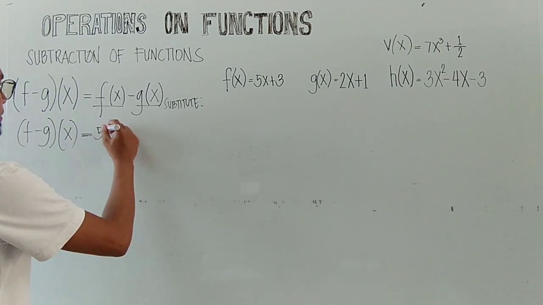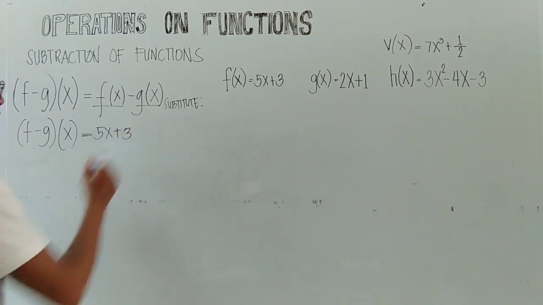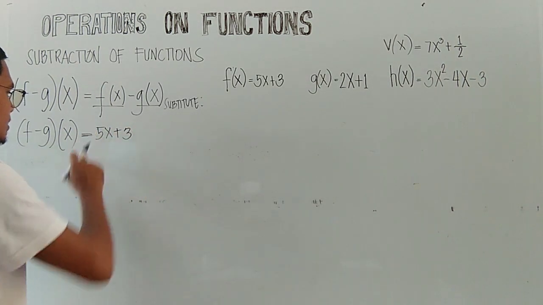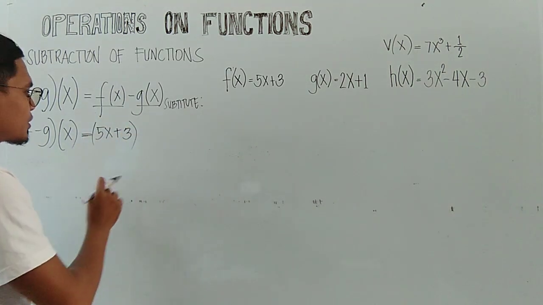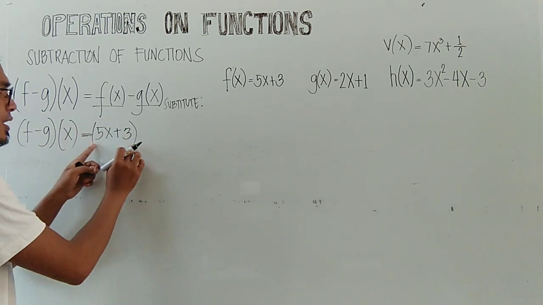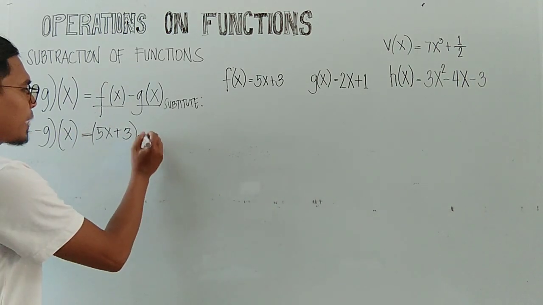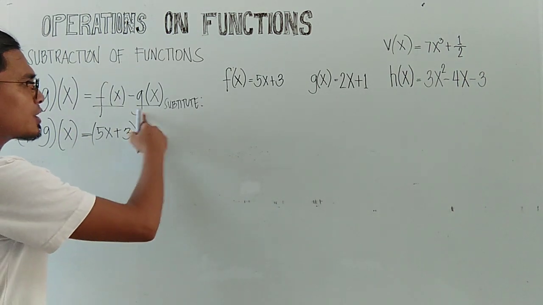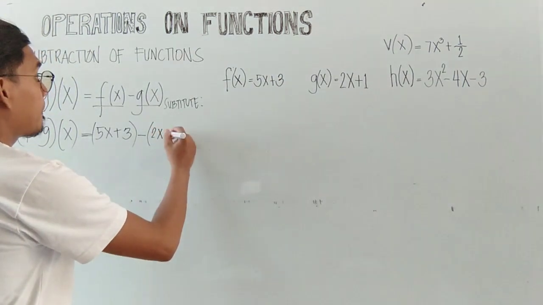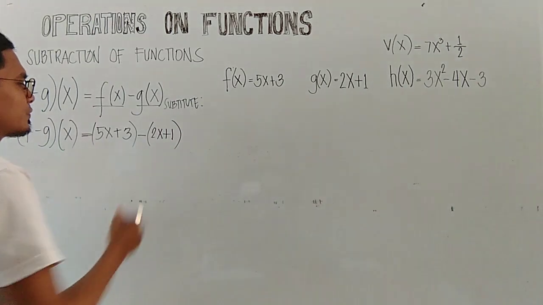We have 5x plus 3. Again, the basic or the fundamental step in substituting values or quantity is using your parentheses. So, parentheses kita guys para sa minus, and g of x, substitute, parentheses again, 2x plus 1.